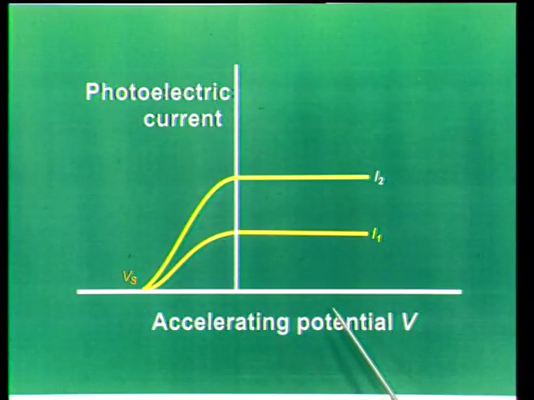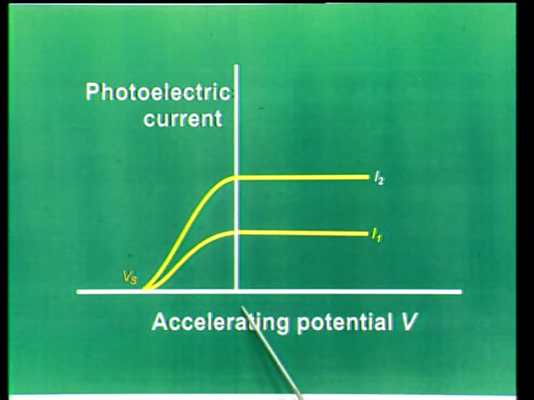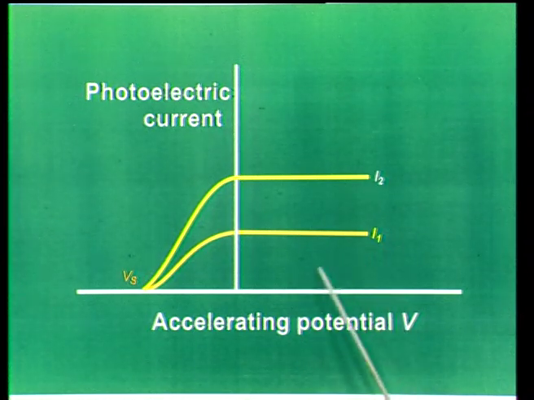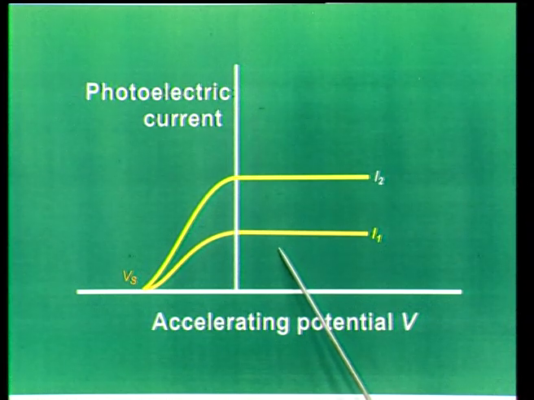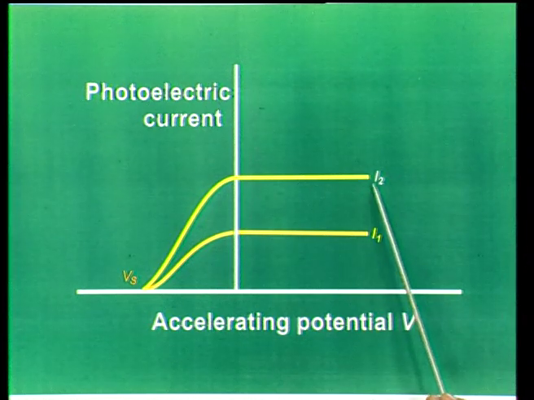Yet another factor by which the photoelectric current is affected is the accelerating potential. This is experimentally observed in such a way that the accelerating potential can be made both positive as well as negative. We can have a bulb of some intensity I1, and a bulb of different intensity, double that of the first, called I2.